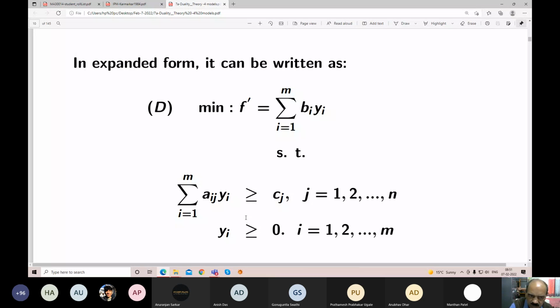Actually, in Karmarkar's paper, this is the primal, that is the dual. If one problem is primal, the other is dual. If you think D is the primal, then P is the dual, and vice versa. So P is primal, D is dual. If you say D is primal, then P will be dual.